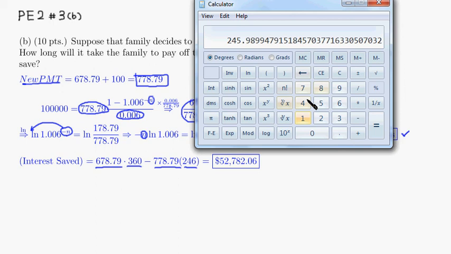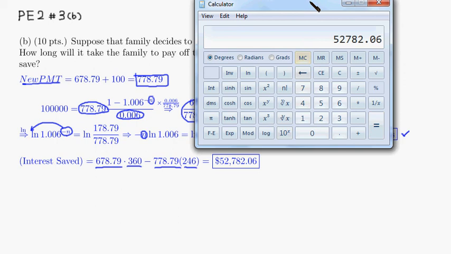We can recalculate that using a calculator. So we take $678.79 multiplied by 360, minus $778.79 multiplied by 246 payments.